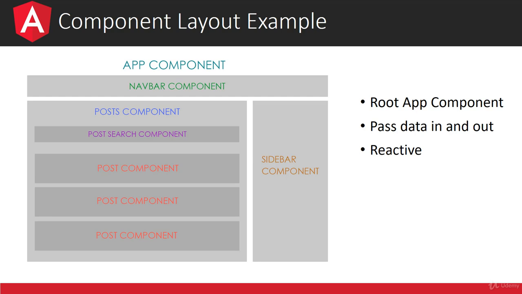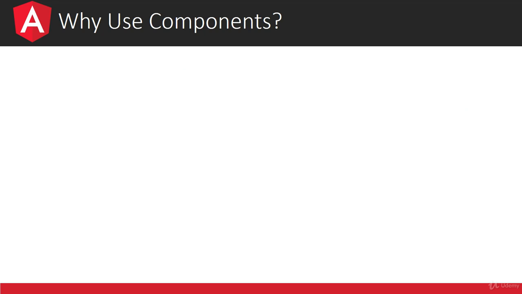Then we have a posts component, and notice inside the posts component we have a post search component, and then each individual post is also its own component. So we can nest these and we can actually pass data in from one component to another. You can see that this really helps organize our application UI and its functionality.